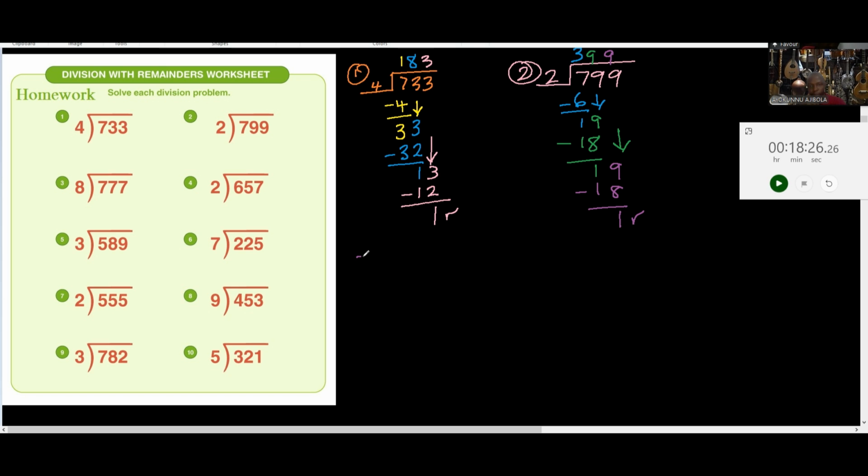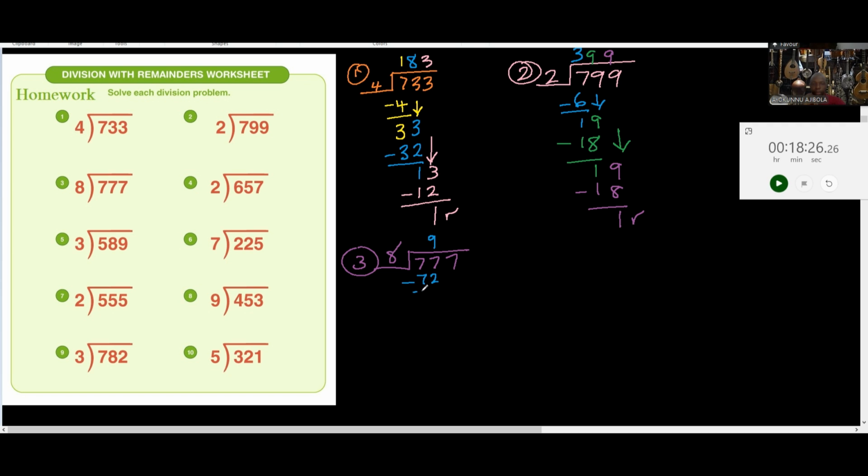Then number 3, and it doesn't take you the whole year to do. So even if I give you 10 minutes for 10 questions, it's still better. So 7 divided by 8. 8 can't divide 7, so you go to 77, okay? How many 8 in 77? That's 9. 8 times 9 is 72.